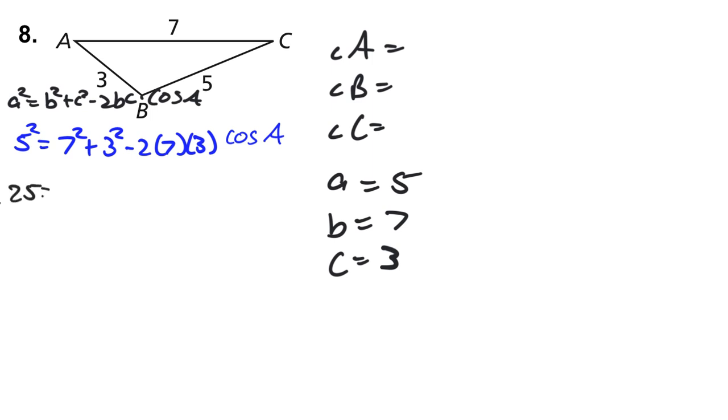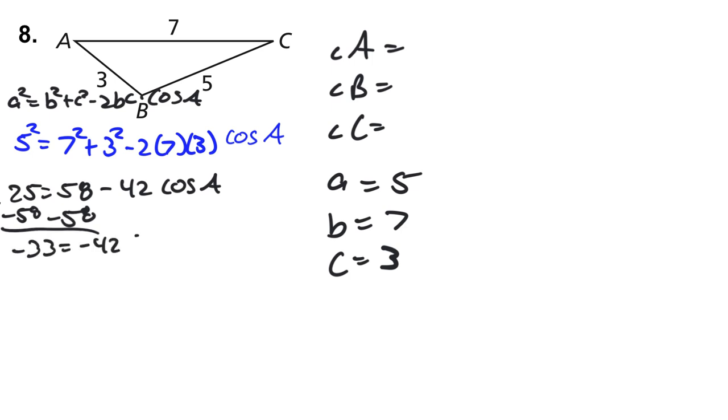We get 25 equals 58 minus 2 times 7 times 3, which is 42, cosine A. I'm going to subtract the 58 from both sides. So I can write 58, not 88. And I'm going to get 25 minus 58, which is negative 33, equals negative 42 times the cosine of A. I divide both sides by negative 42.